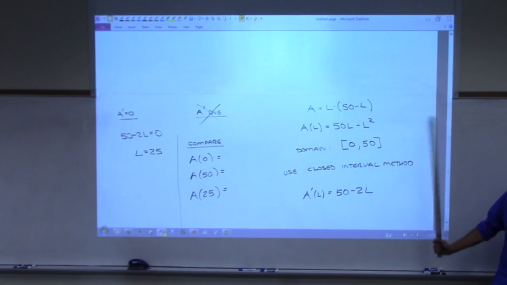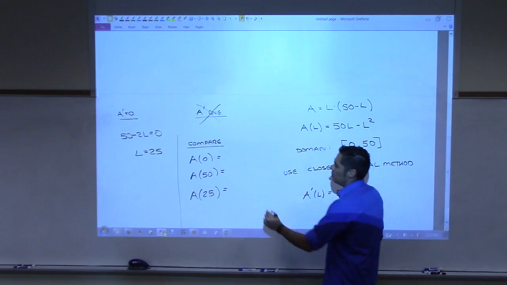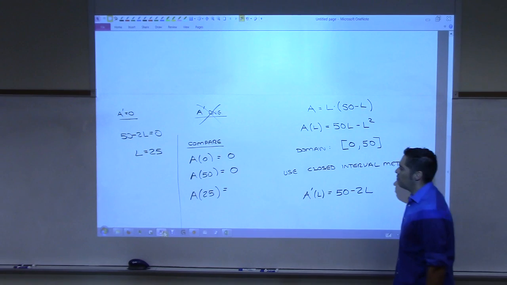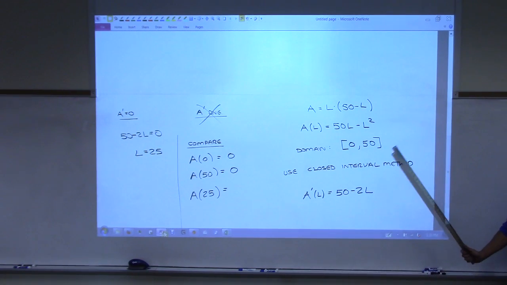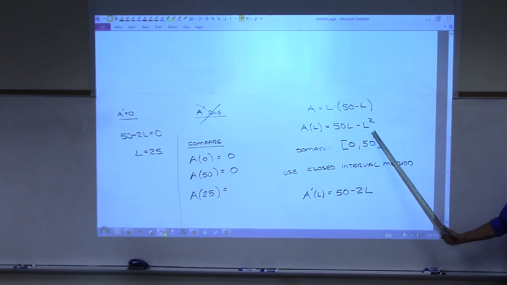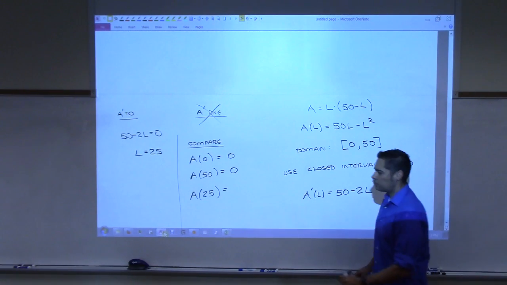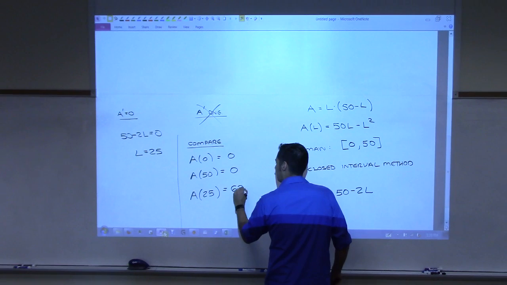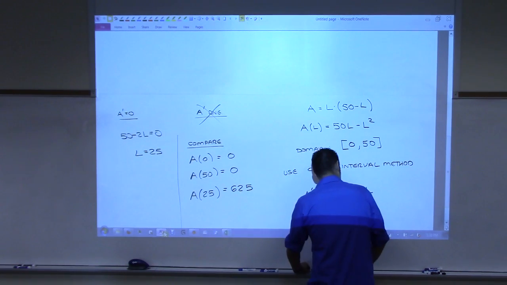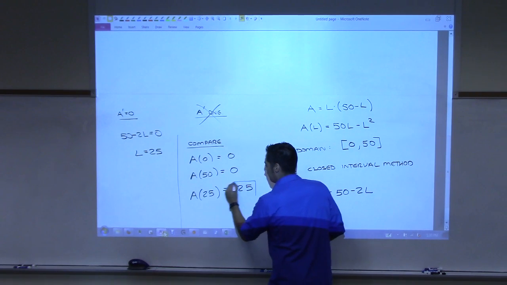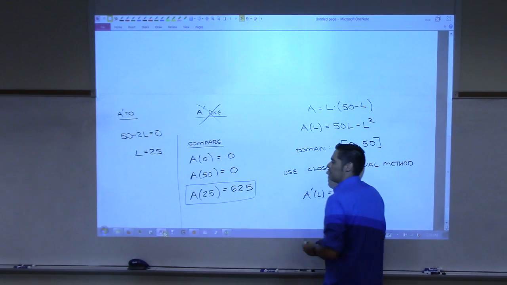When I plug in 0, I get 0. When I plug in 50, I get 0. And when you plug in 25, you can just compute that on your own, right? 25 in here. Should get 625. I hope it's obvious where the maximum is, right? That's your max.